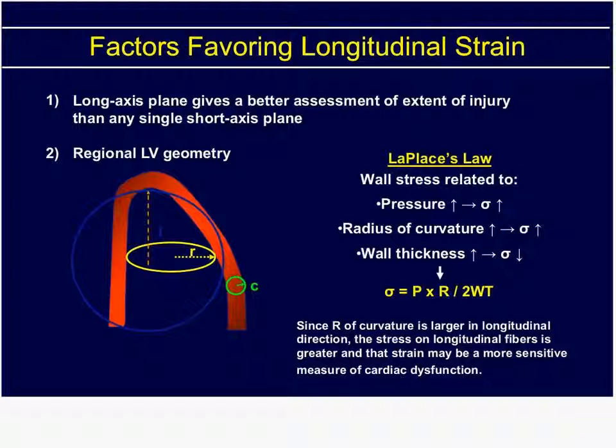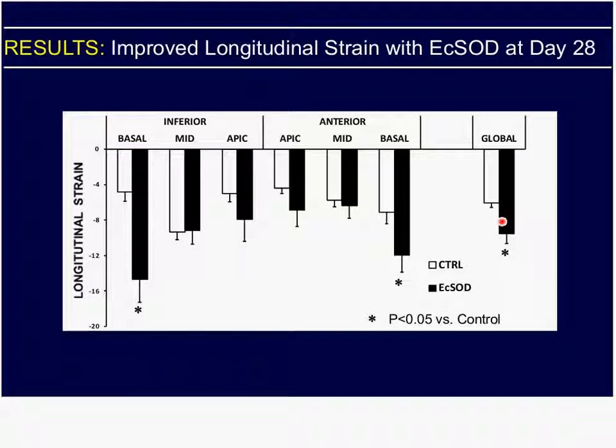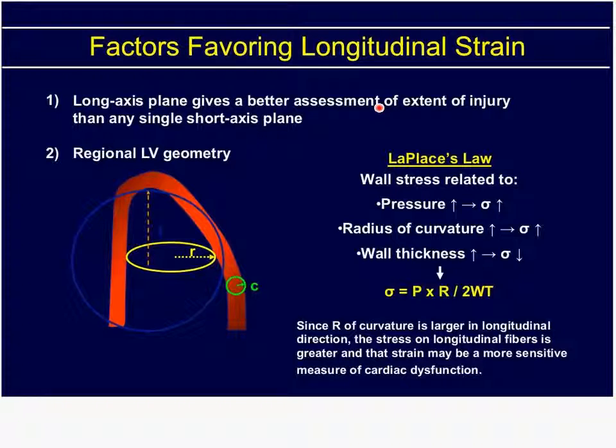Why did we focus on longitudinal strain for this study? The short answer is we were trying to finish up the study before the AHA abstracts became due, and longitudinal strain, from a long axis image, gives one probably the best assessment of the overall extent of injury, certainly better than any single short axis plane, because any single short axis plane will not give you as good an overview as a long axis will.